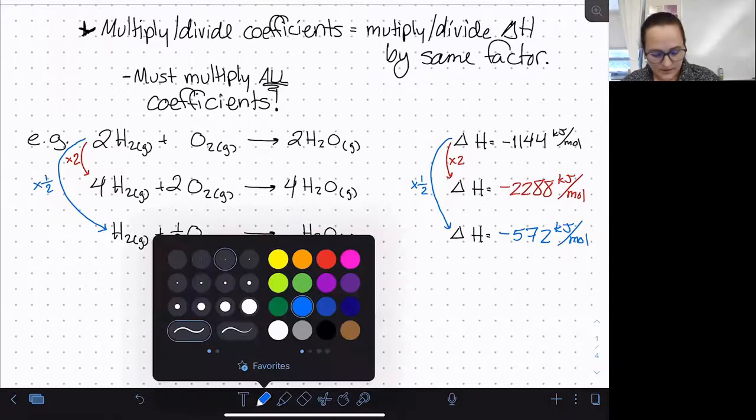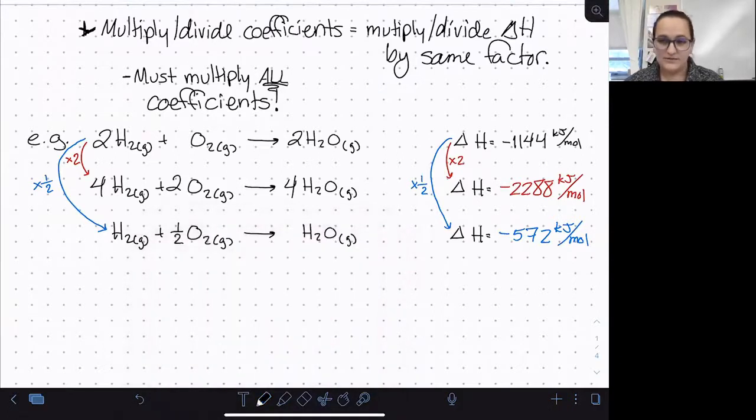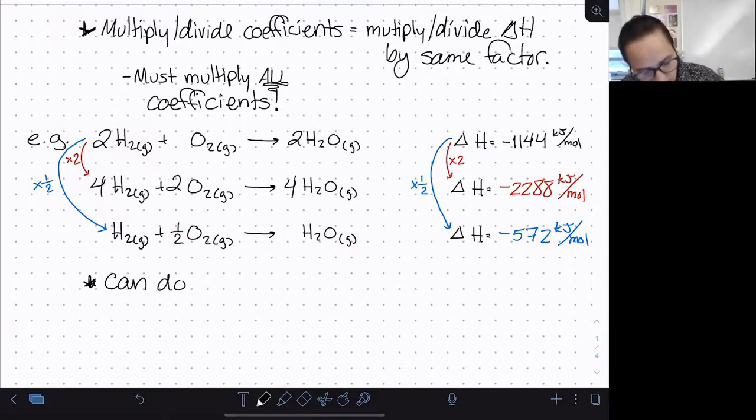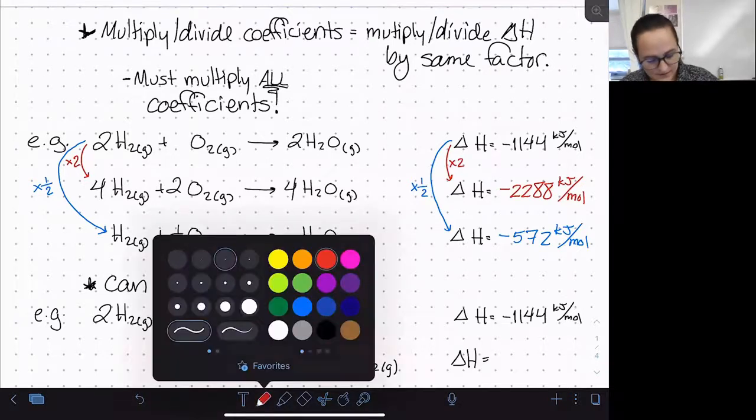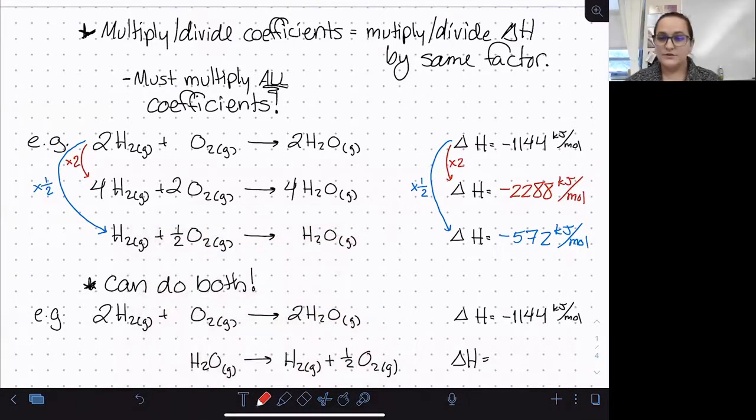We can also apply both of these transformations to the same reaction if we need to. So we have two options. We can either reverse a reaction or change its coefficients, but we can also combine those however we need to. We can do both at the same time or do both to the same reaction. For instance, between these two reactions, we have reversed the direction.